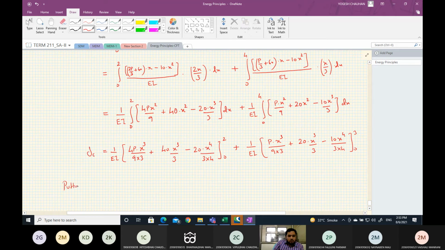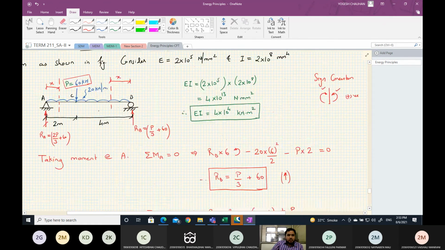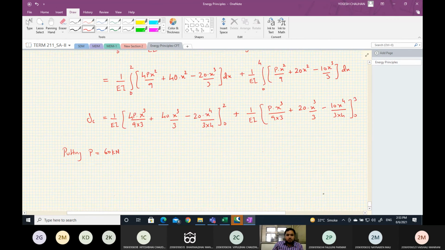Now putting P equals 60 kilonewton. Actually the value of P is 60 kilonewton. So we'll substitute the value of P as 60 and EI equals 4 into 10 to the power 4 kilonewton meter square. You will get delta C equals 506.67 divided by 4 into 10 to the power 4, that is EI.